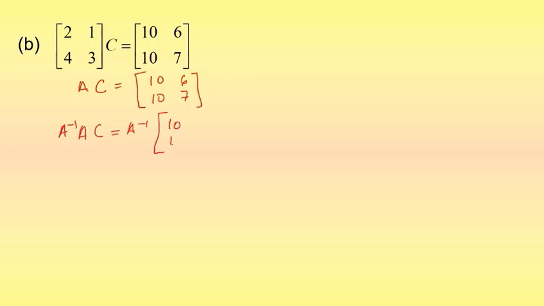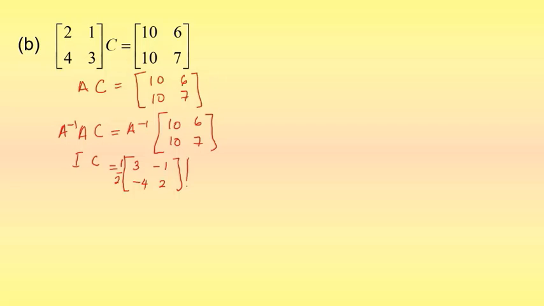Okay, 10, 10, 6, 7. A inverse times A is identity. Okay, the inverse is 1 over 2 times 3, negative 1, negative 4, and 2.